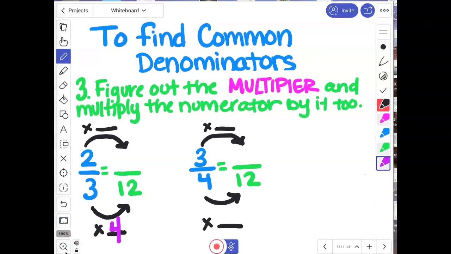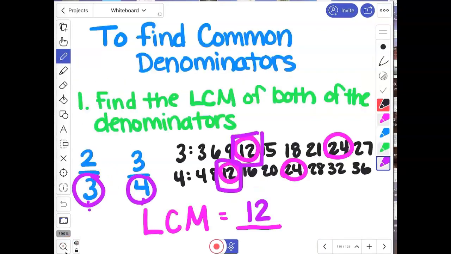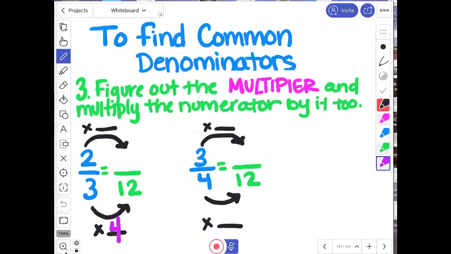If you don't know your math facts, you can also go back to the list and go to your threes list and count 1, 2, 3, 4. It's the fourth multiple in the list. So that makes that the multiplier.